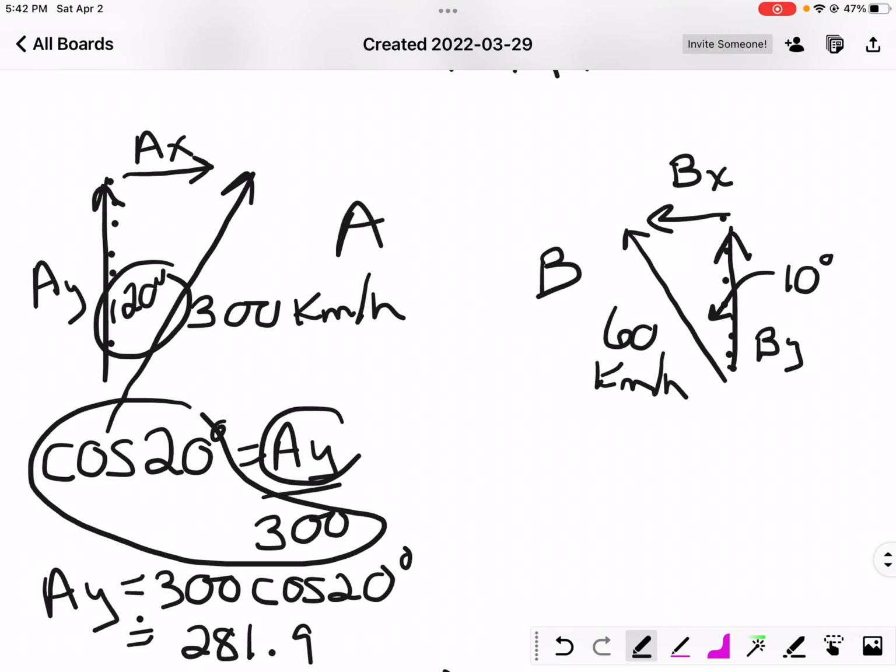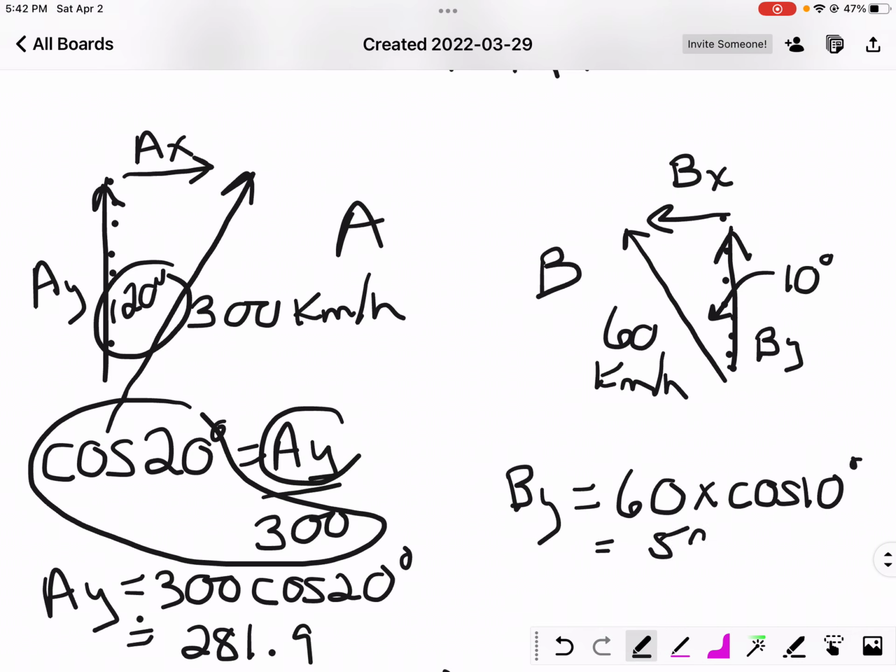Using our same shortcut, B in the y direction is going to be the hypotenuse times the cosine of 10, which is going to be 59.1.